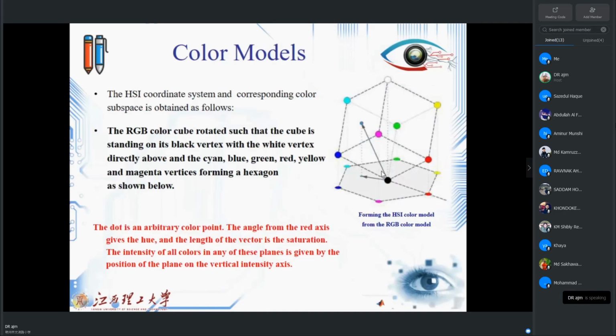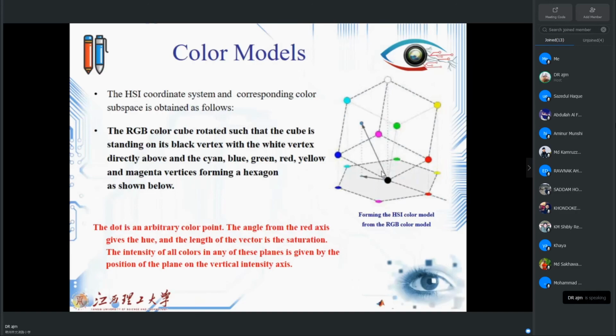The dot which you will see in this cube is our arbitrary color point, and the angle from the red axis gives the hue, and the length of the vector is saturation. The intensity of all colors in any of these planes is given by the position of the plane on the vertical intensity axis.